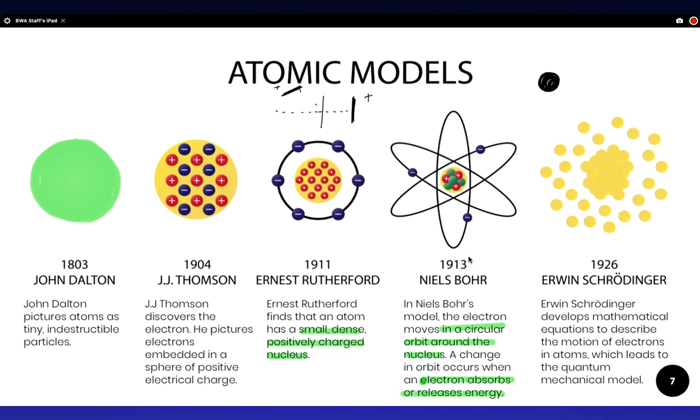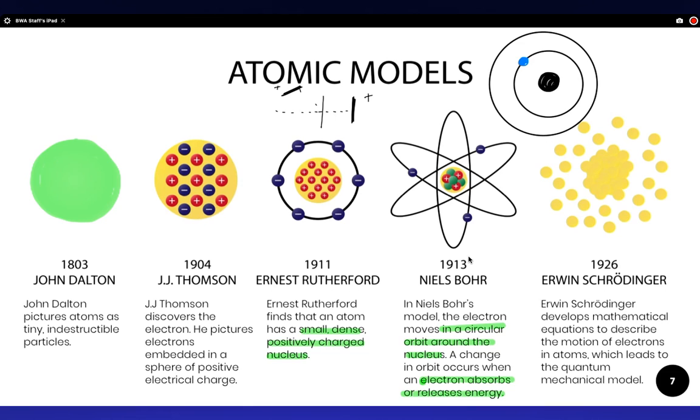So here's our nucleus. And here are some very rough models of orbitals. And let's say we have a proton right here. Maybe this is a hydrogen atom. It has just one electron.